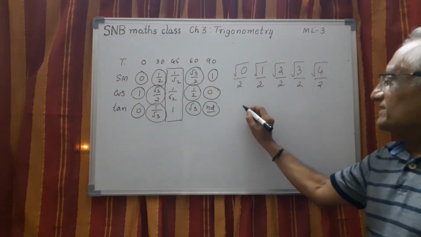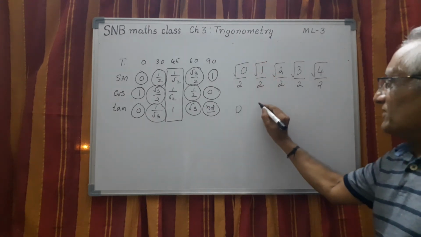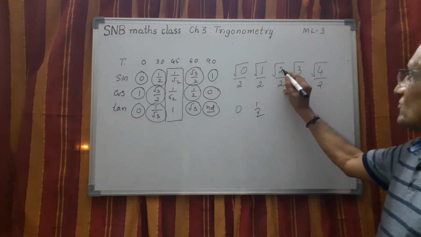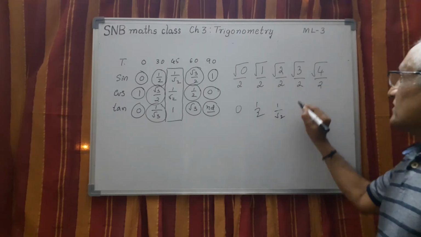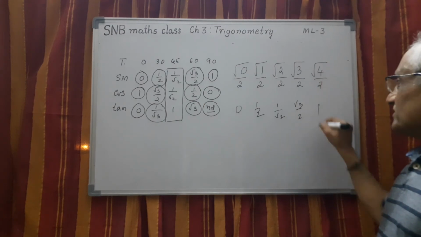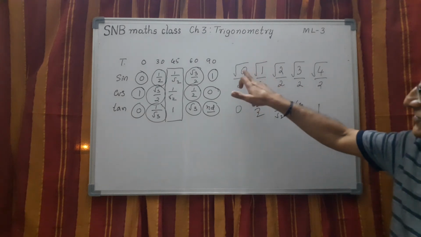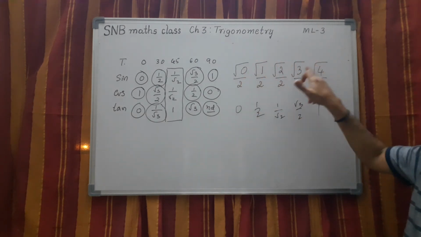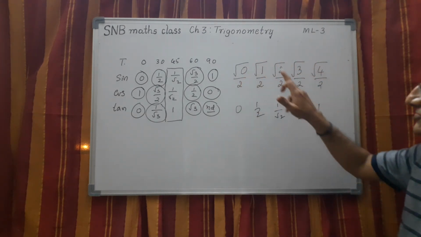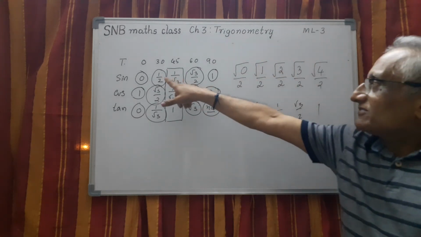See, this by this is 0. Then square root of 1 is 1, so 1 by 2. Root 2 by 2 is 1 by root 2. Root 3 by 2 as it is. And root 4 is 2, so it's 1. So you get the first one. So it is very interesting. You write 0, then 1, then 2, then 3, then 4. Then what you have to do? Take the square root. Then divide all the values by 2. You get the first one.